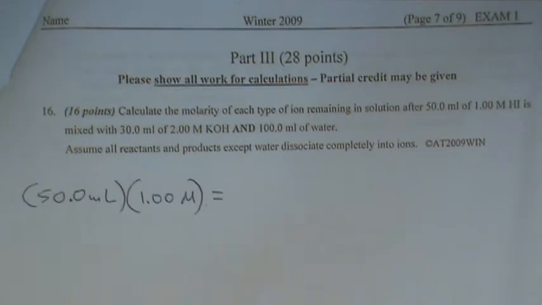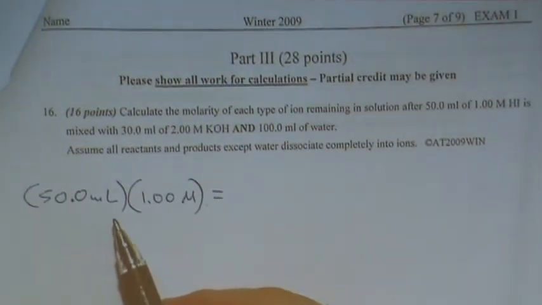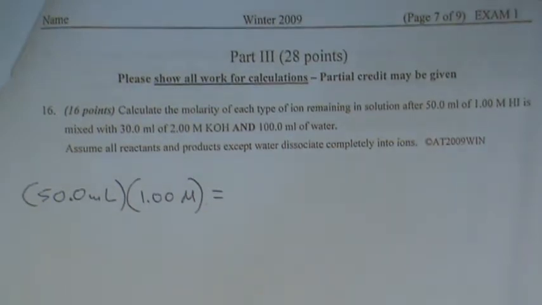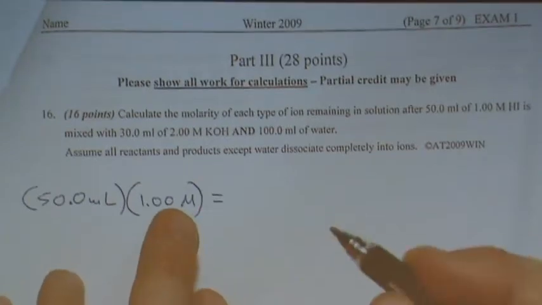Molarity is moles per liter, times milliliter. Liter and liter go away, and what stays is millimoles. So that's something very important to know. You will use it in titrations later. When you multiply the volume of a solution in milliliters times the molarity of a chemical species in solution, what you get is the number of millimoles of the species.